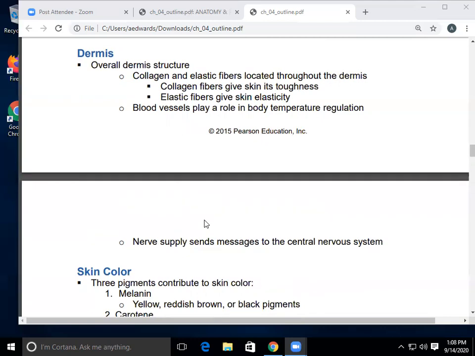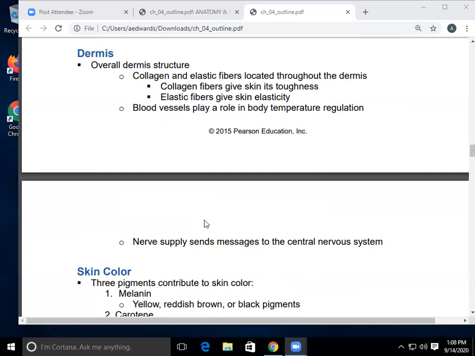All right, so the overall dermis structure. We learned about fibers. We talked about the different tissues. We have collagen fibers and elastic fibers throughout the dermis. Elastic fibers make skin stretchy or able to recoil, give it elasticity.